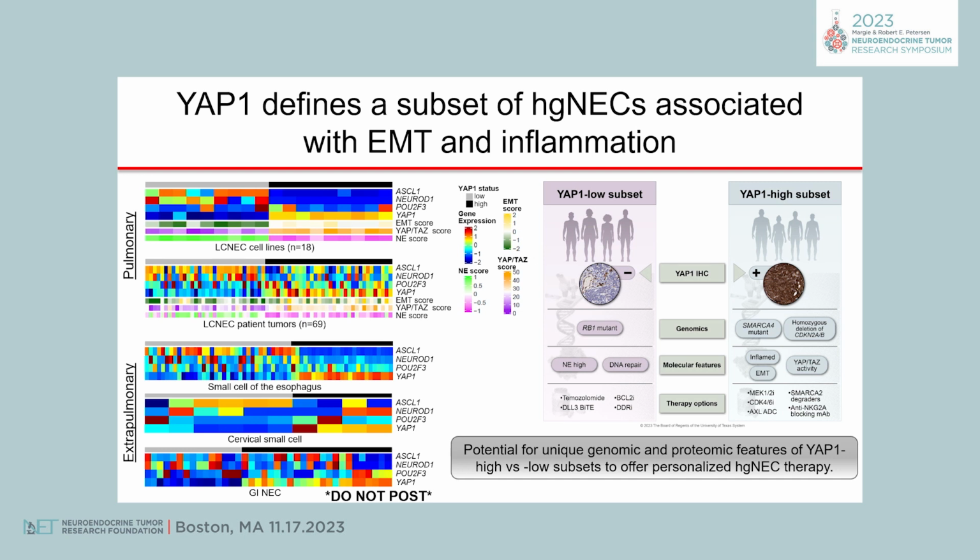YAP1 defines either high or low subsets that are characterized by molecular features, including EMT and immune cell infiltration. I think the most exciting thing is that there are therapeutic vulnerabilities related to the YAP status from these patients. This really offers hope for personalized therapy going forward.